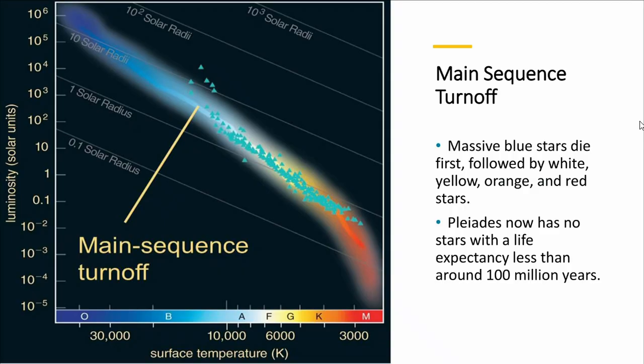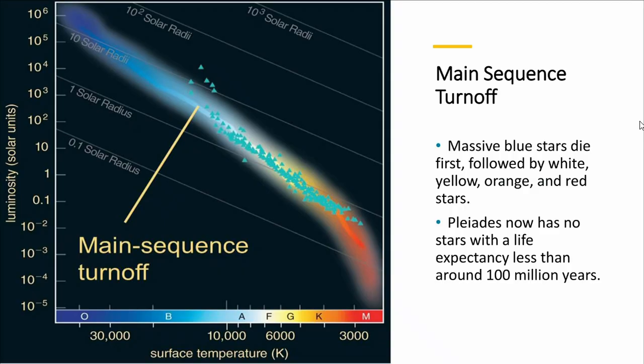But if the cluster is old enough, we'll start to see some of those stars starting to evolve off of the main sequence. The last place that you see something on the main sequence, where you start to see things evolving off of it, is called the main sequence turnoff.